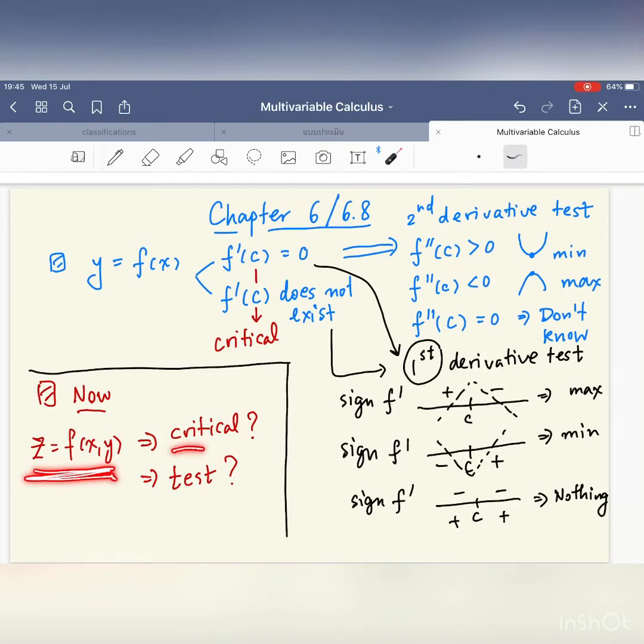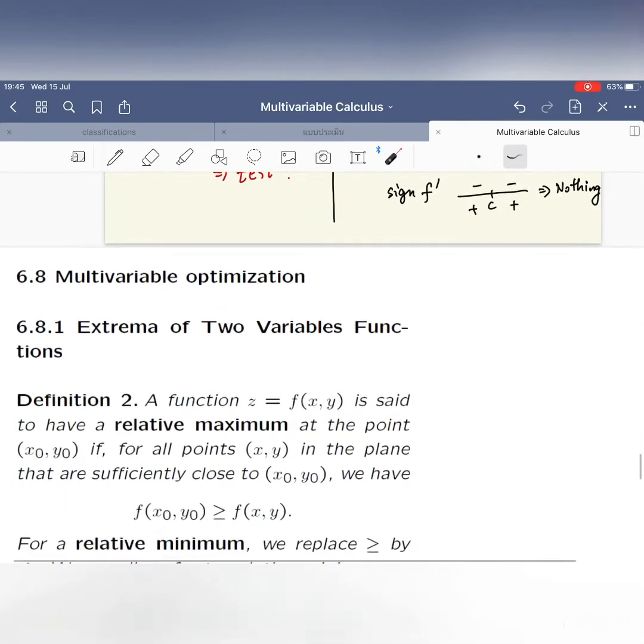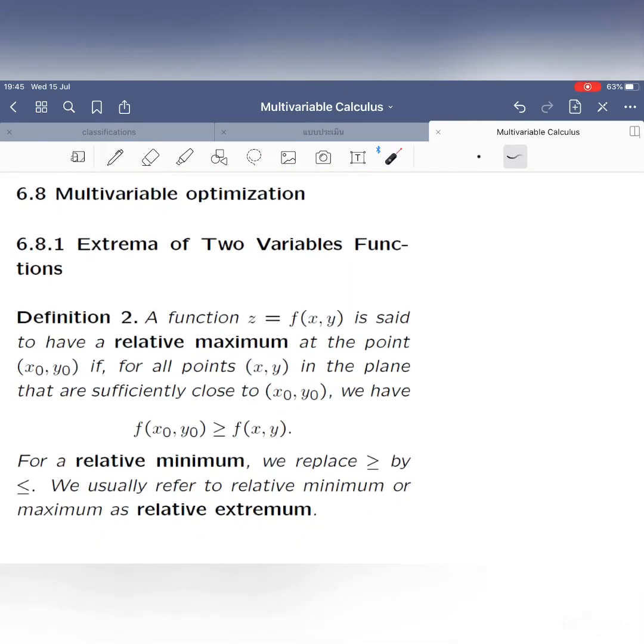Of course, we are going to find the so-called critical value again, and we need to have some sort of test to see whether your critical value will give you something or not, either maximum or minimum, or it can be something else. All right, let us go into the details.